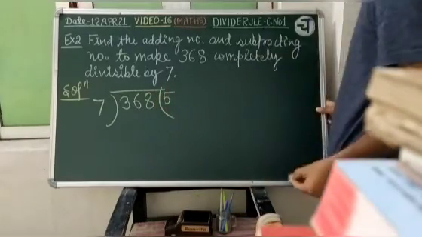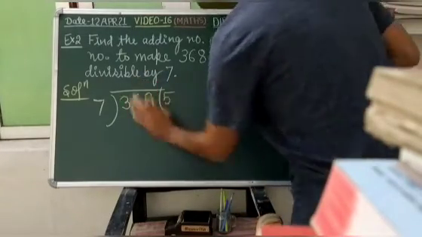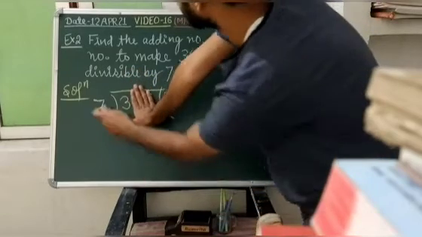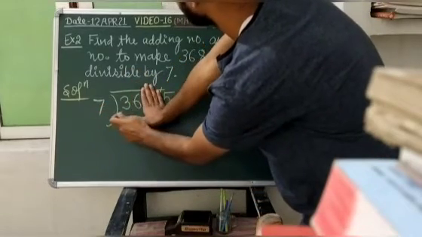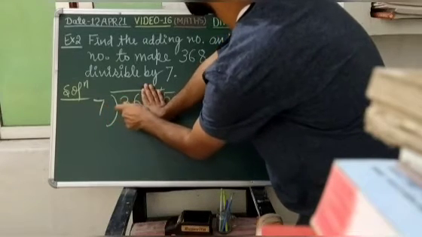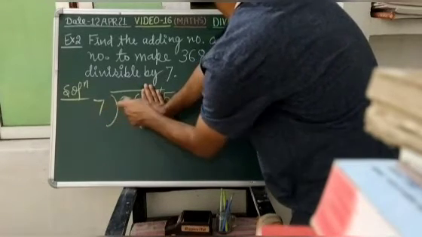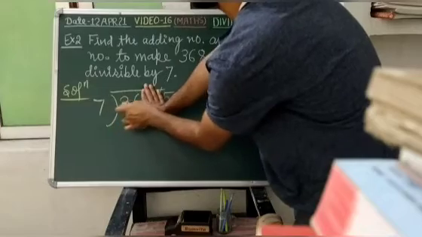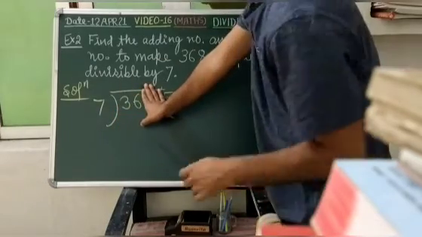Obviously, 3 is less than 7, so 36 is more than 7. So of course we will select the first 2 digits in the beginning.